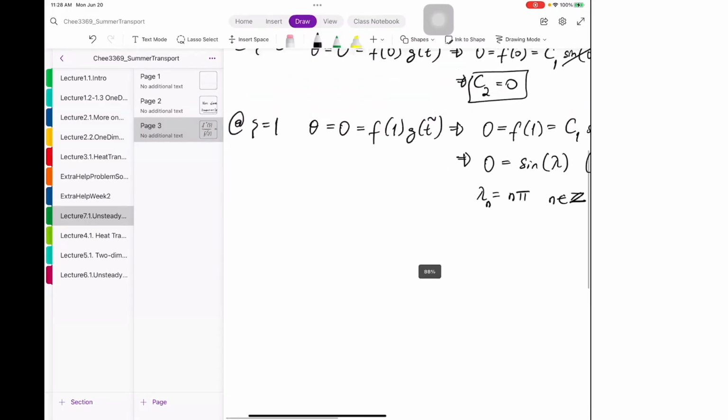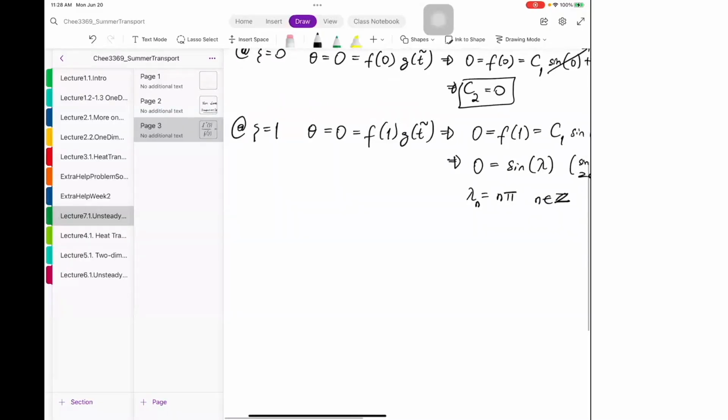So my solution, theta, is going to be not only f of psi g of t tilde, but I'm going to have different values of f n. So I can have f1, f2, f3, f4, and so on.